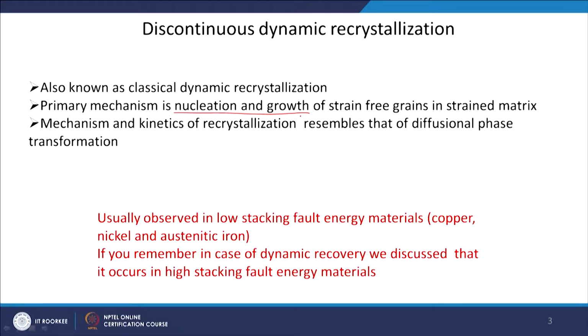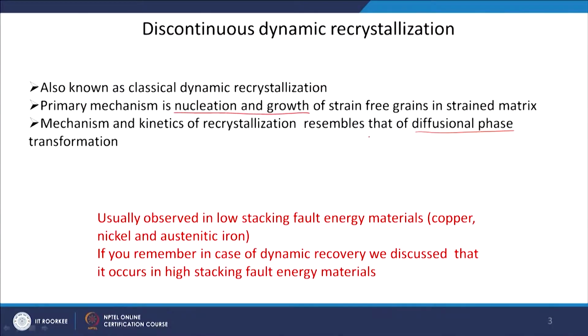You can easily understand this recrystallization by comparing it with the diffusional phase transformation. In diffusional phase transformation also you will see similar kinetics, and how the recrystallization progresses will be similar to how phase transformation progresses.